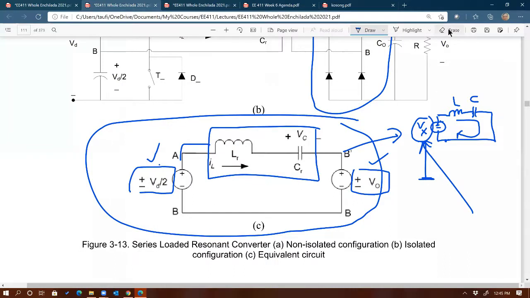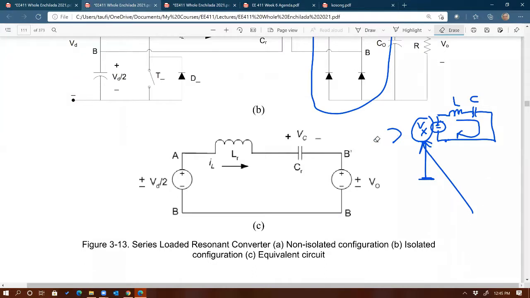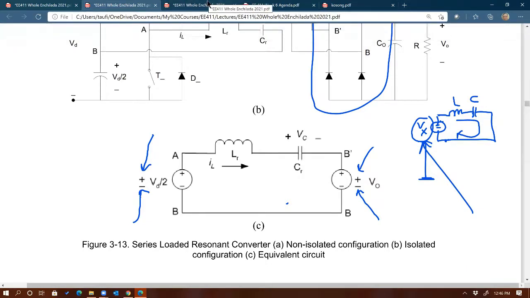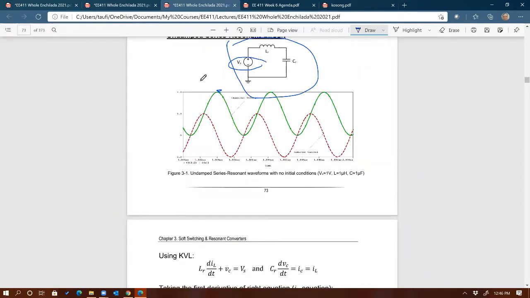It's too crowded. So depending on where the current flows, that would determine whether or not you get plus, the two paths. That makes sense. That would determine if you get a plus or the minus, and then which device is conducting, that would determine whether or not you get the plus or minus on the input side. And then you would combine the two voltage sources to give you the overall voltage source for the resonant tank. So that gives you the Vs there. So the combined effect gives you Vs there.